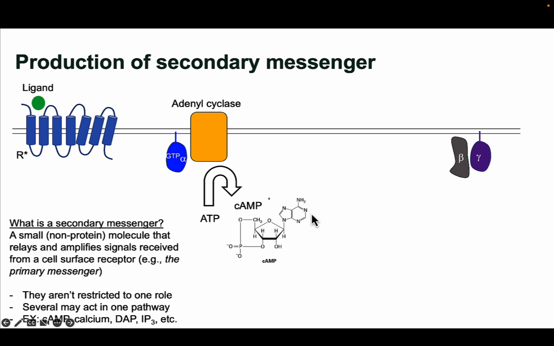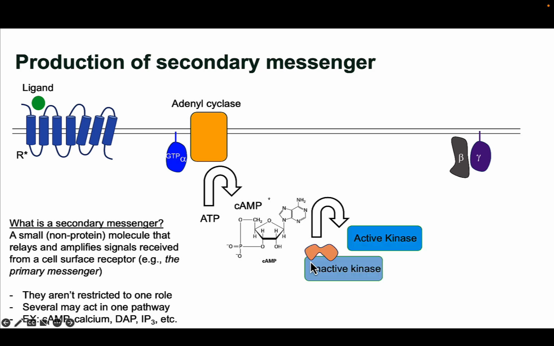So what does cyclic AMP do? Well, it binds to this regulatory subunit on a particular kinase, and I'm not going to give you the name of the kinase, but it then activates that kinase. What kinases do is add phosphates to other substrates.